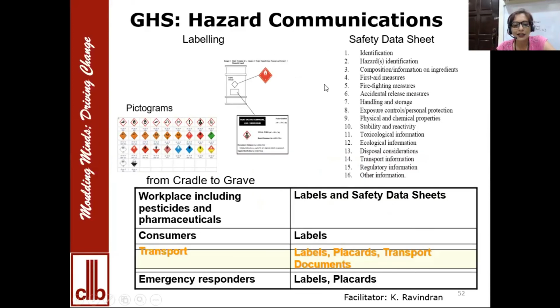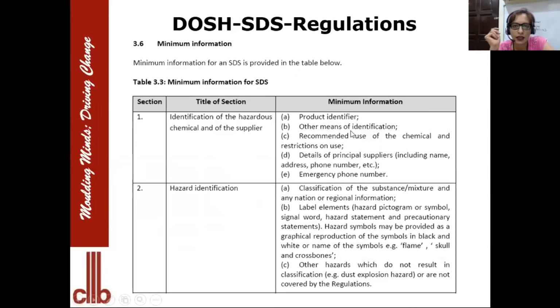And these 16 sections: when a product is produced by a manufacturer in Malaysia, and that manufacturer intends to ship out the goods, then that manufacturer has to produce an SDS. So it doesn't mean, say, for instance, it's BASF, and BASF is virtually all around the world, and BASF Malaysia is shipping out a product.